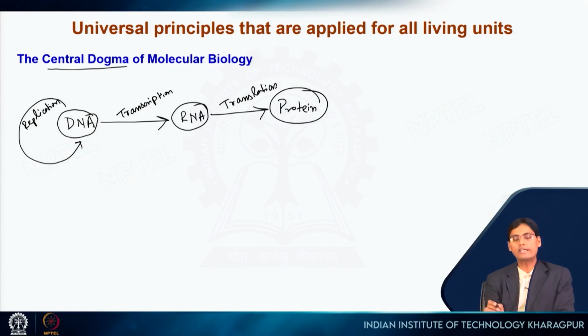From protein we are not making RNA or DNA. So this is the central dogma, that the information always flows from nucleic acid towards protein, but not in the reverse direction. And this is true in all living entities. This is the central dogma. I will discuss it in more detail in other classes.